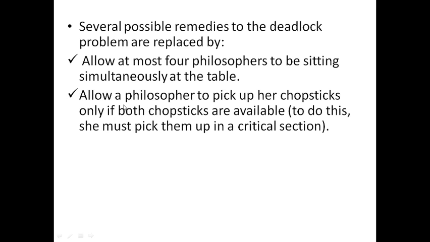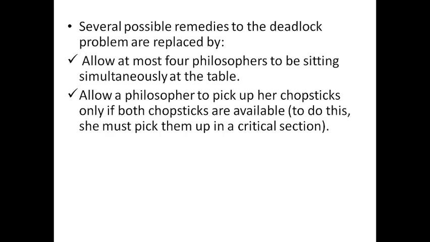The next solution is to allow a philosopher to pick up her chopsticks only if both are available. The problem comes only when a philosopher takes one fork and doesn't find the other fork. But you can make the condition such that you look for both forks and see whether both are available. Even if one of them is available, do not pick up that fork. Only if both are available, they are taken by the philosopher.